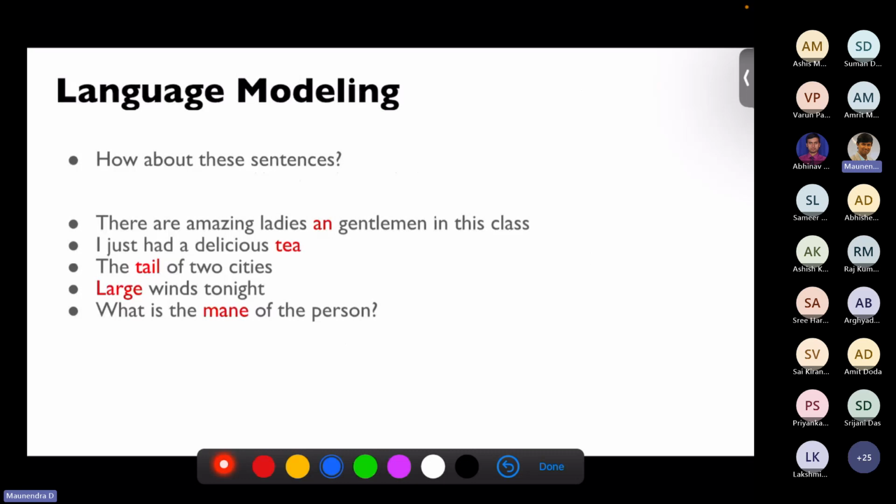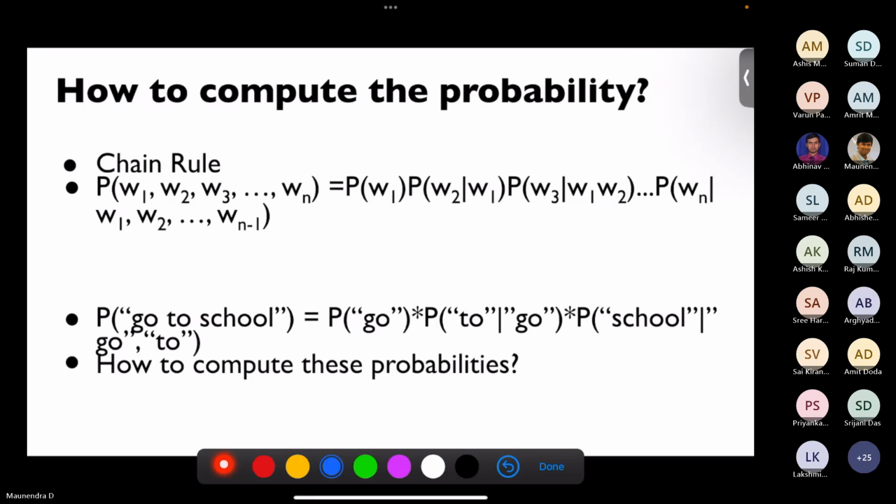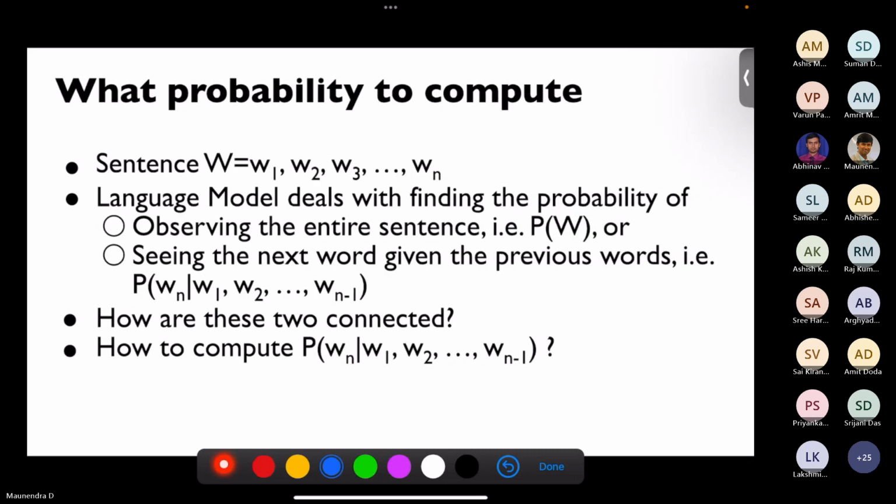But now the question is, how do we assign these probabilities? Let us say the sentence is W, which has n different words, W1 to Wn.